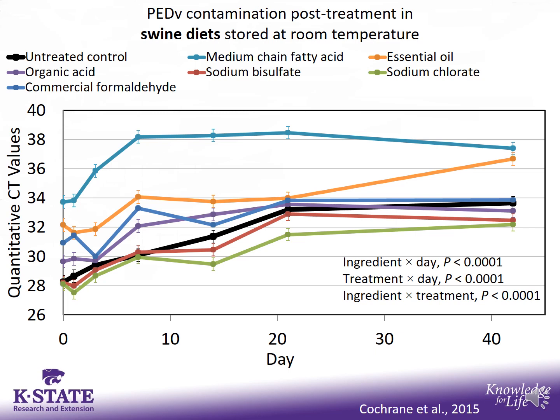diarrhea virus. In the black line would be an untreated control, and you can see that at least with porcine epidemic diarrhea virus, things like medium-chain fatty acids have been highly effective at reducing the quantity of detectable virus over time.